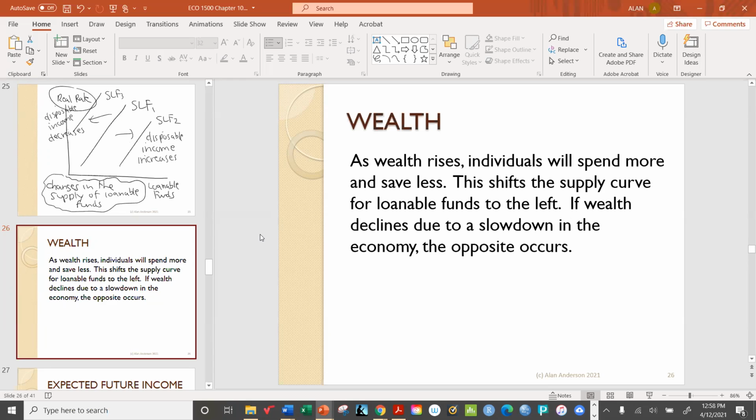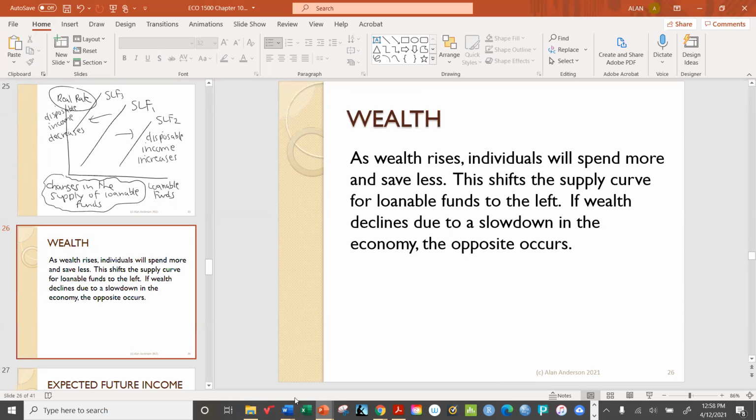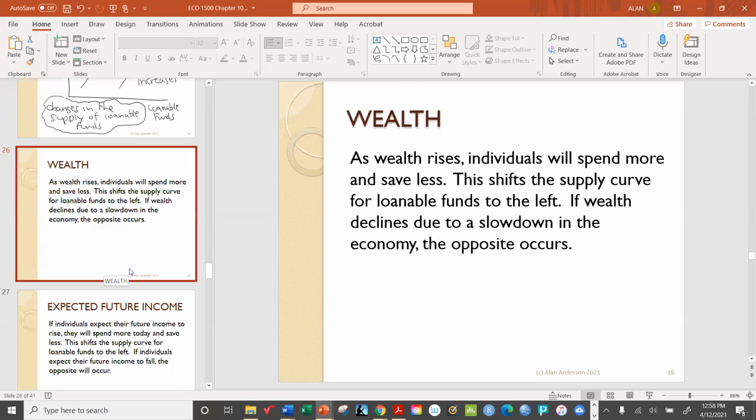All right, so I think this is a questionable one, but what about expected future income? Now, this one makes sense to me. What if you are about to graduate and you're pretty confident you'll be getting that first big job very soon? That is a time when you're probably going to go out and start buying things that you need, like possibly a new car and that kind of thing, before the income actually materializes.